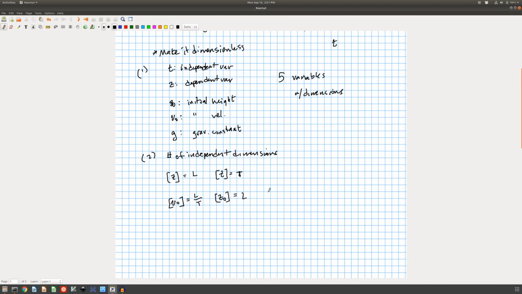And my last one is g, which has units of length per time squared.